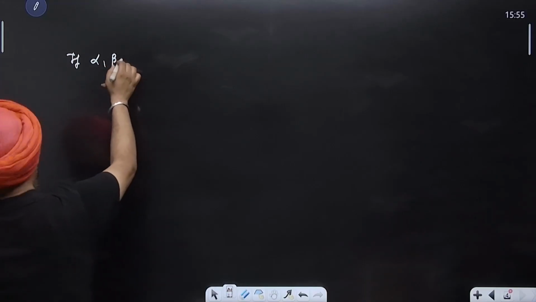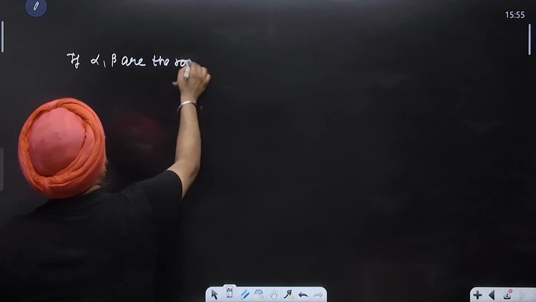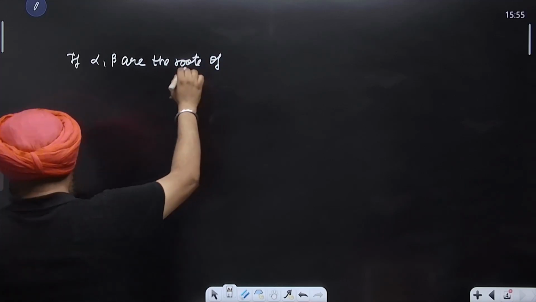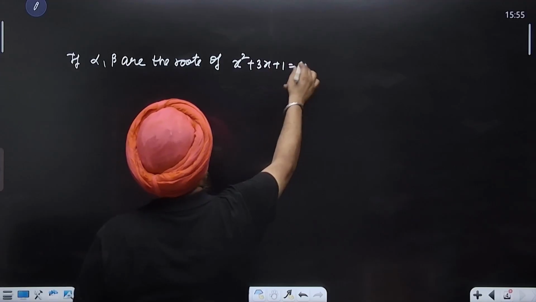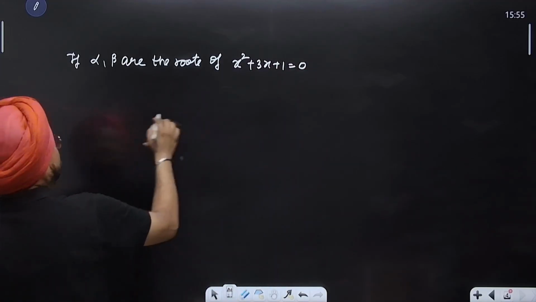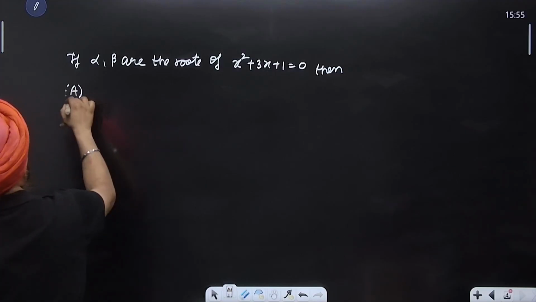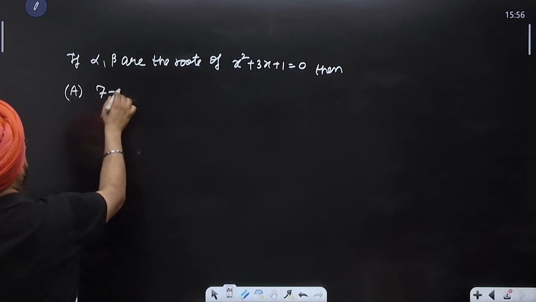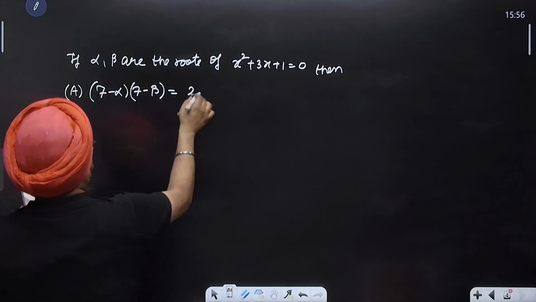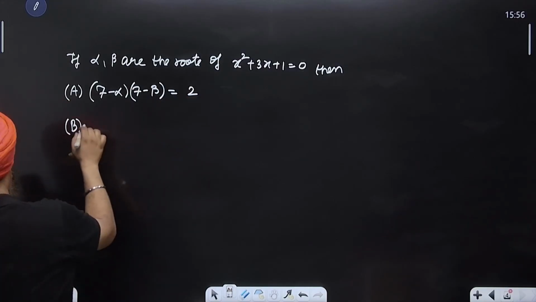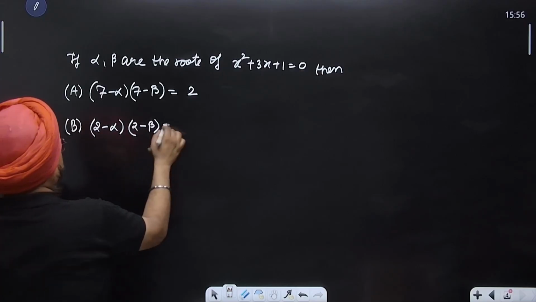If alpha, beta are the roots of x square plus 3x plus 1 is equal to 0, then this time we have also been given 4 options. 7 minus alpha, 7 minus beta is equal to 2. 2 minus alpha, 2 minus beta is equal to 10.